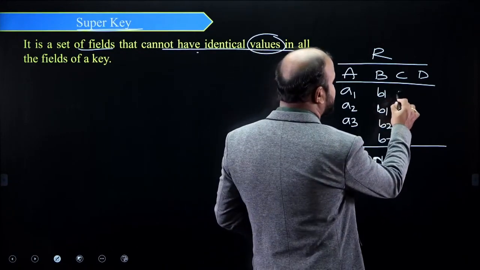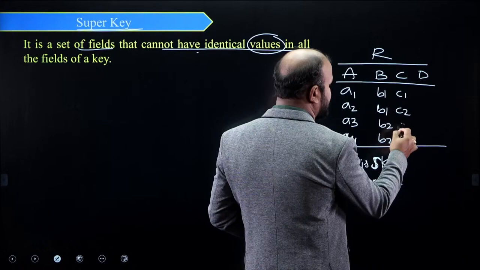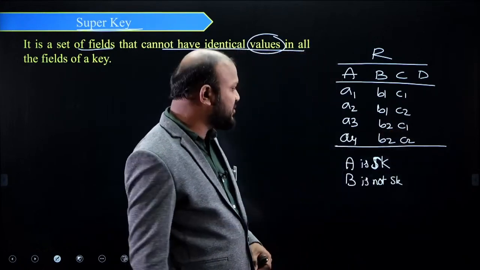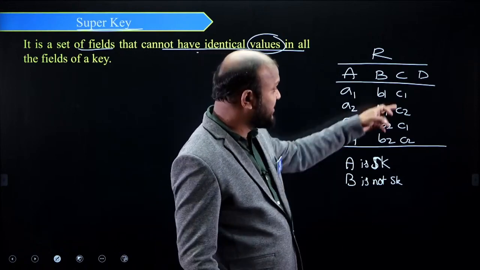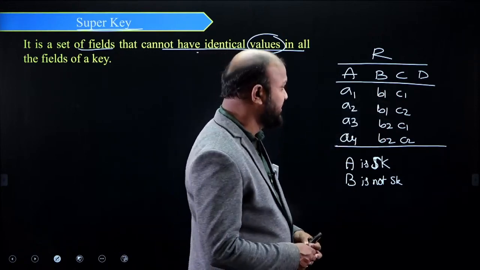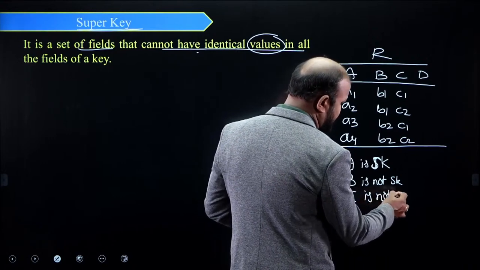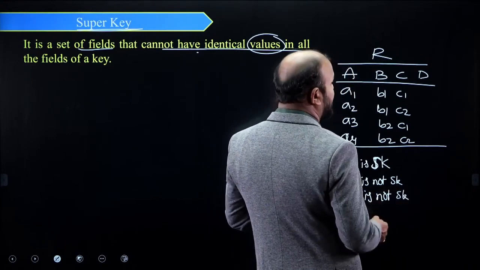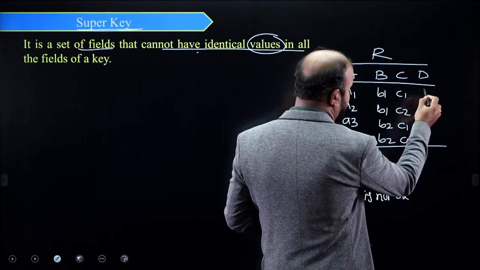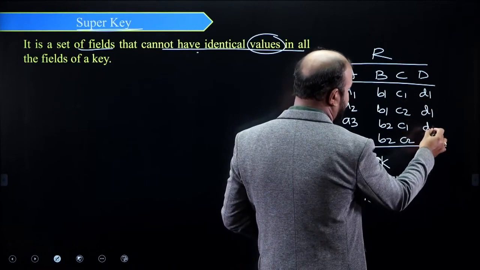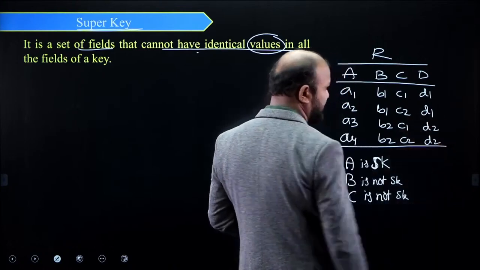Look at C: C1, C2, C1, C2. Can I say C is a super key? No. Why? Because C has duplicates. C is not a super key. Can I call D? Let us say D1, D1, D2, D2.